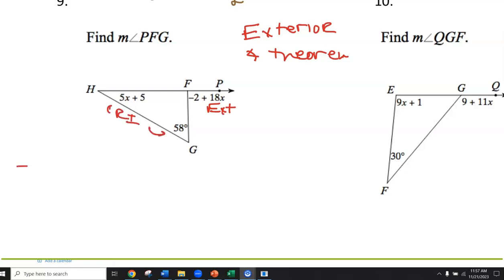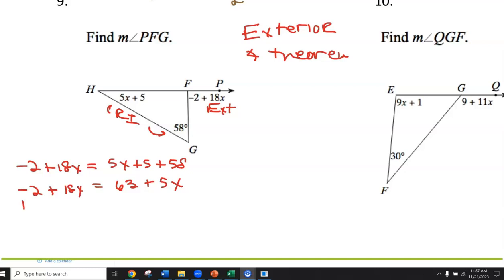So negative 2 plus 18x equals the sum of 5x plus 5 plus 58. Add like terms on the right-hand side. So what's 58 plus 5? You should be saying 63. So that's 63 plus 5x on the left-hand side, negative 2 plus 18x.